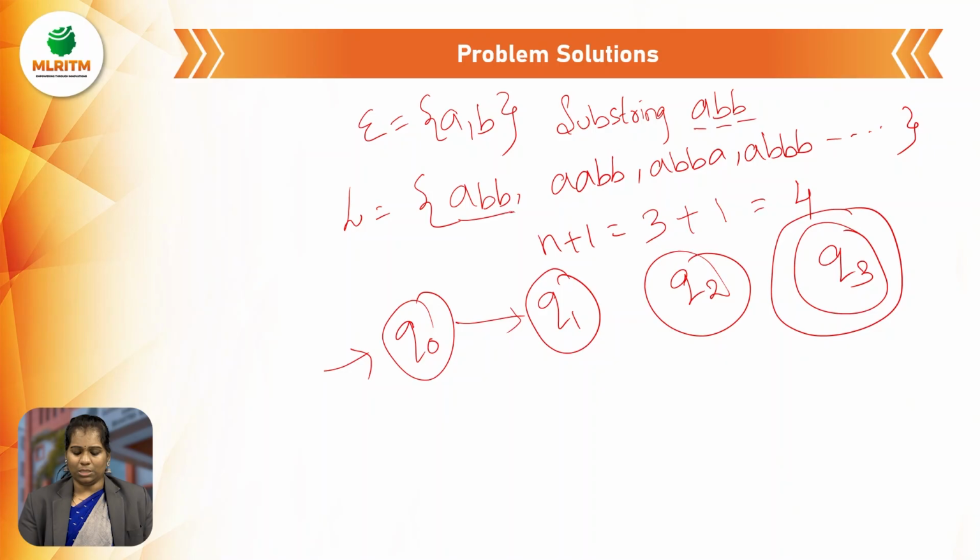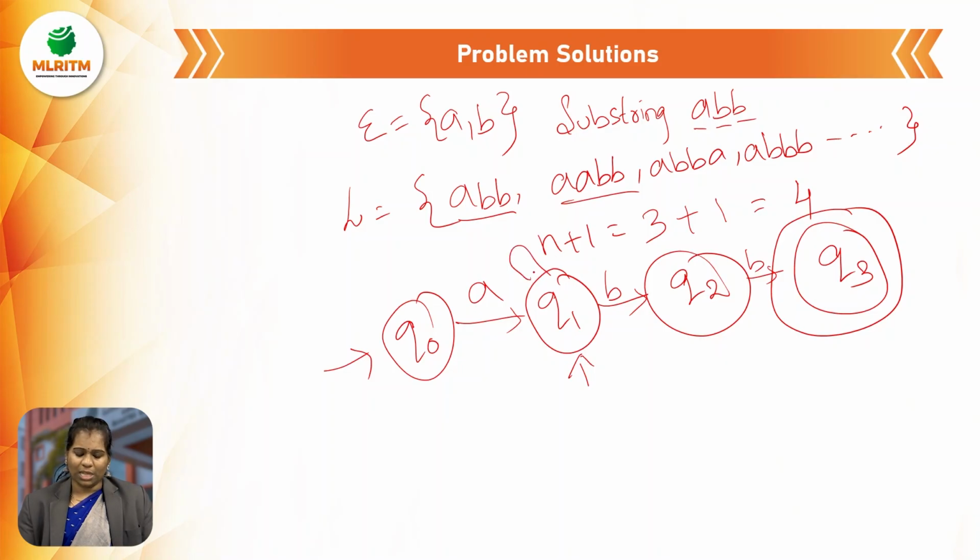So the first string is A. When A moves, the cursor will be at Q1. Next B, next B. The 3 digits are completed. Next we go to AABB. One more A is required. The condition is ABB, which can be prefix or suffix. Prefix is before the string, suffix is after the string.